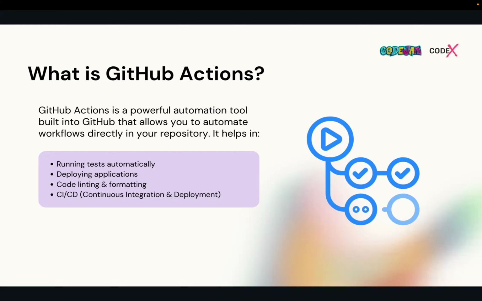So in CI/CD for DevOps, they basically use GitHub Actions. They utilize GitHub Actions on a very massive scale to achieve their targets.